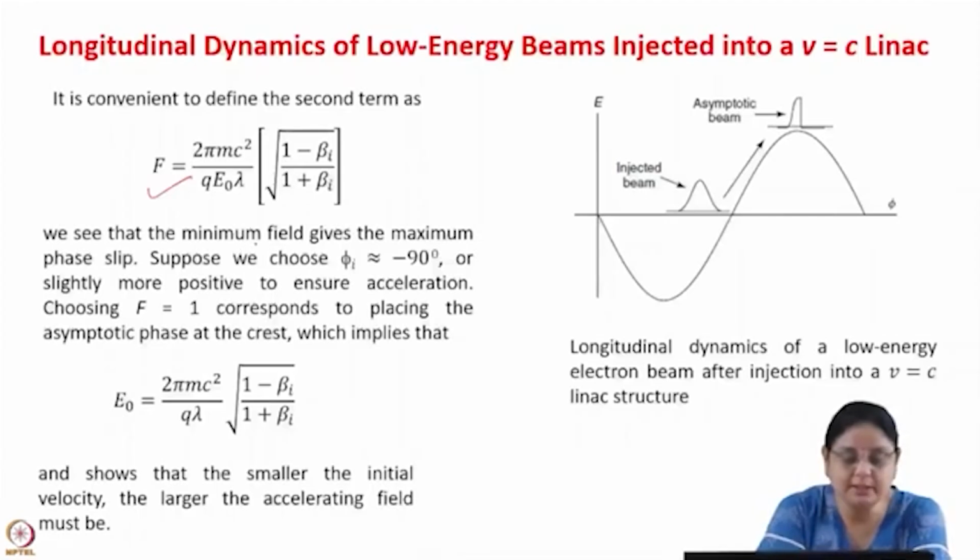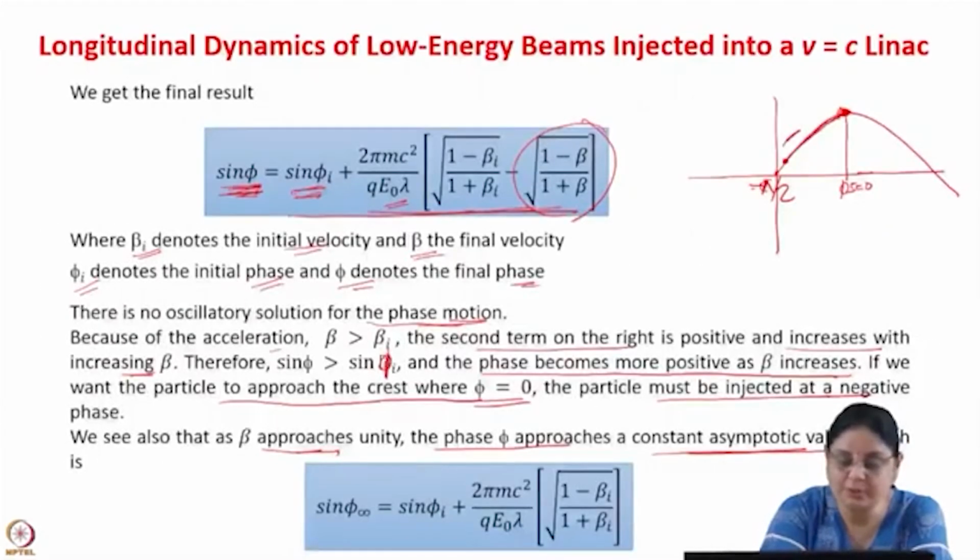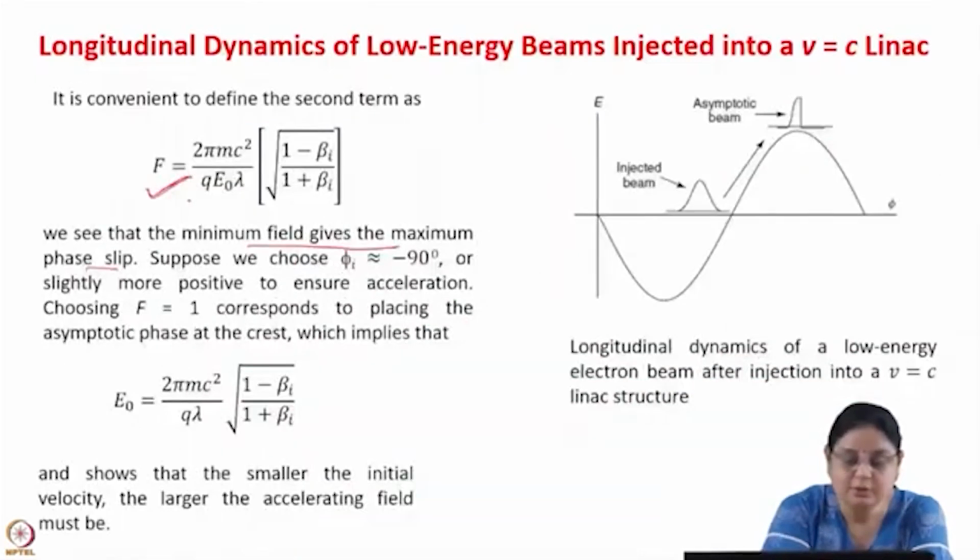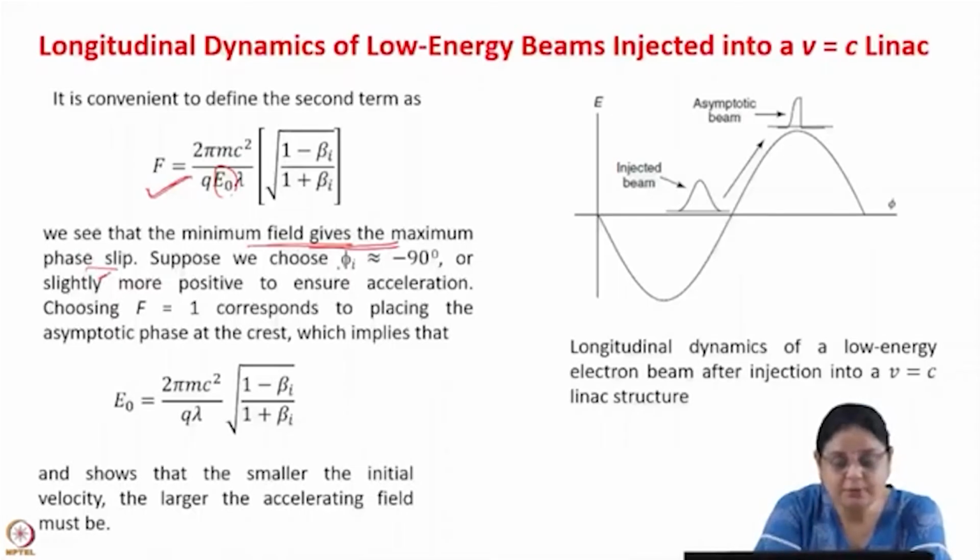So we see that here the minimum field gives the maximum phase slip. So this is the phase slip because this is the amount by which the phase has slipped. Since this phase slip is inversely proportional to E0, the minimum field gives the maximum value of phase slip. Now suppose we choose phi I equal to minus 90.